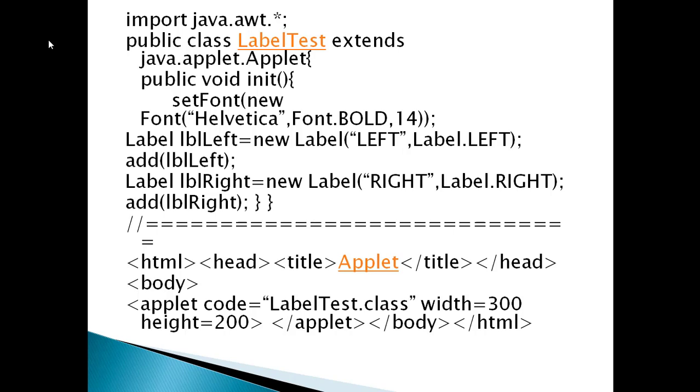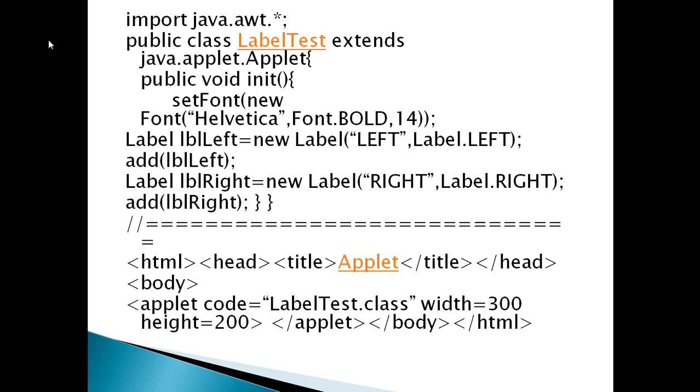So we need to import java.awt.*, this package. Next is the public class. We are going to define a class, public class LabelTest extends Applet. Our class name is LabelTest and we are performing applet programming, so we are extending Applet.